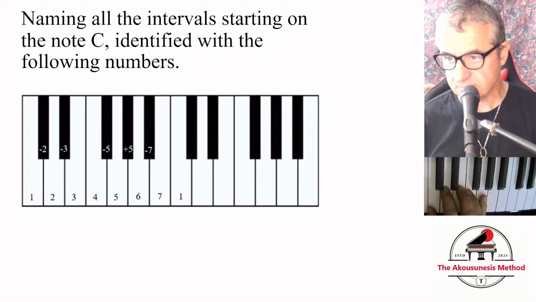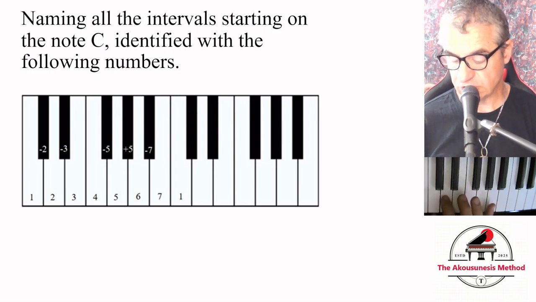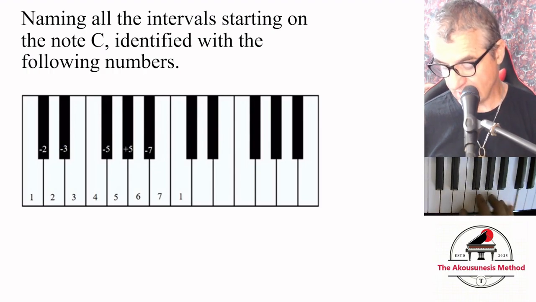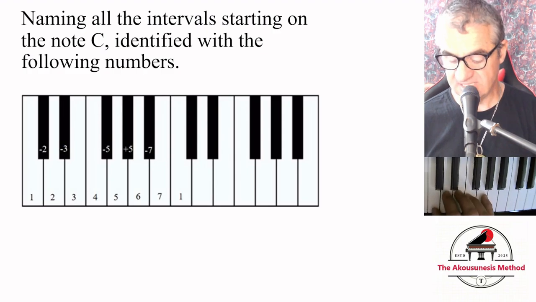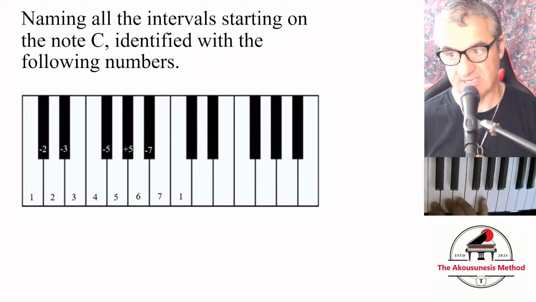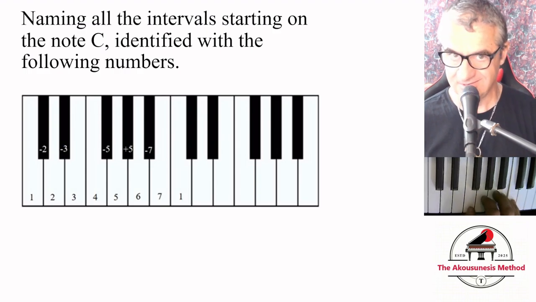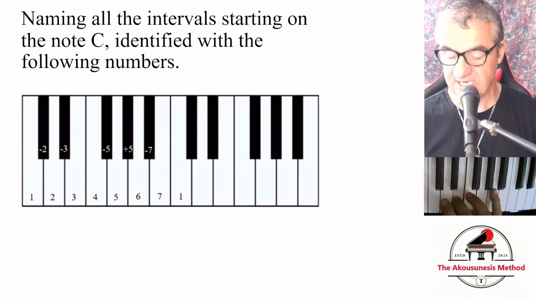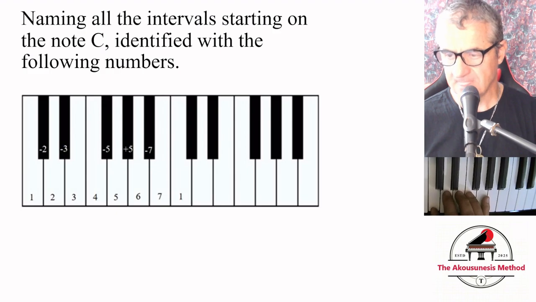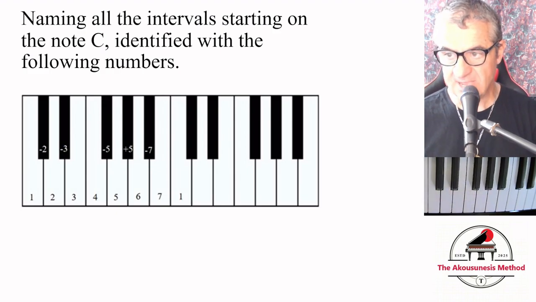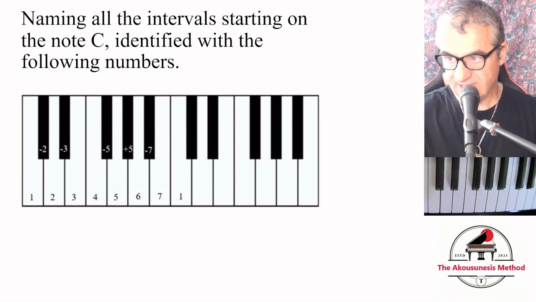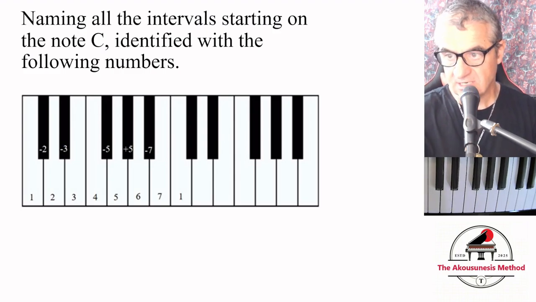So we have 1, 2, 3, 4, 5, 6, 7, 1. Now notice here, we call this a scale, the Western major scale. We're probably all familiar with this by now. And you're listening, you can hear it, right? So in our method, these numbers here are how we're going to represent melodies.